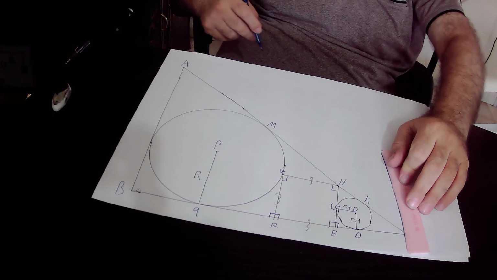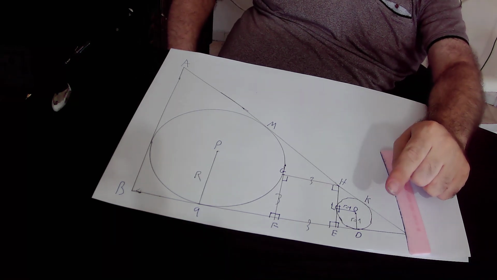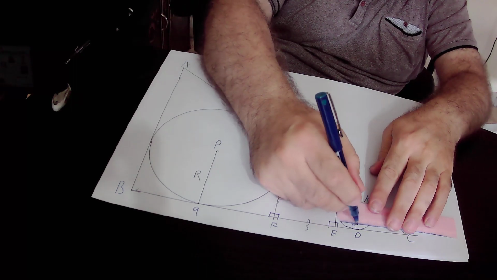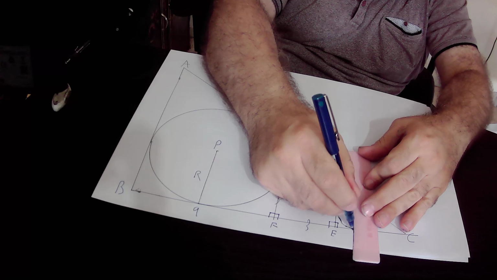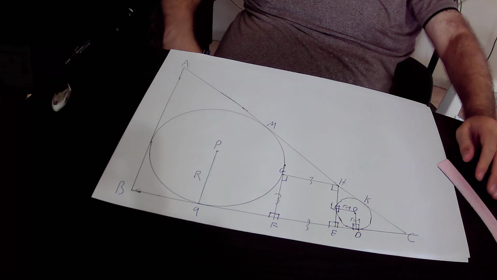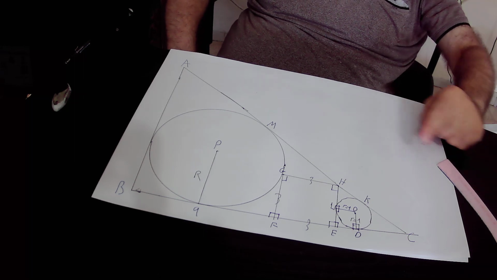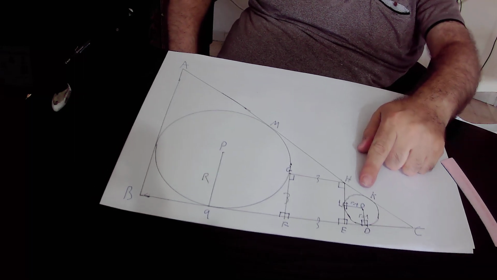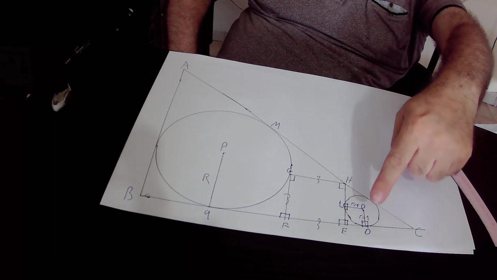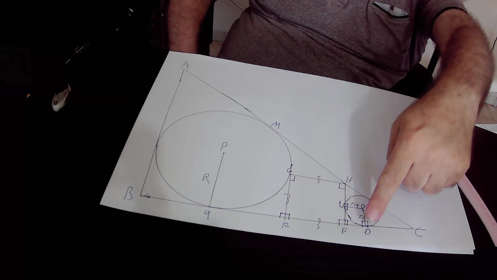Okay, here we have the radius OD that is drawn to the point of tendency, therefore this angle will be equal to 90 degrees, and this angle will be also equal to 90 degrees according to rule number 1. Inside quadrilateral LOED, we have 1, 2, 3 right angles.